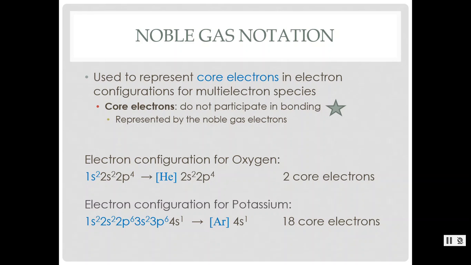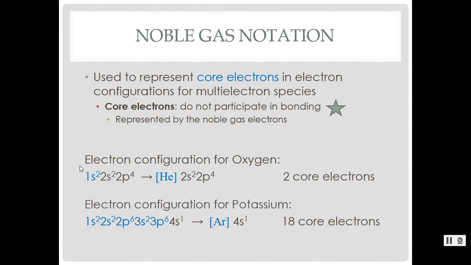So for example, if I wanted to write the noble gas notation for oxygen, well, I know the full electron configuration is 1s2, 2s2, 2p4. To write the abbreviated version, I look to see what the closest previous noble gas is for oxygen. And I see that it is helium.